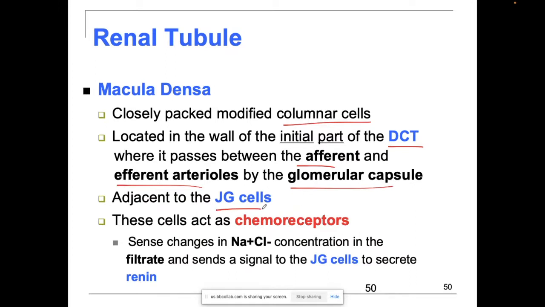They're adjacent to the juxtaglomerular cells, and they act like chemoreceptors. They sense changes in salt, or sodium chloride, concentration in the filtrate, and send signals to the juxtaglomerular cells to secrete renin.